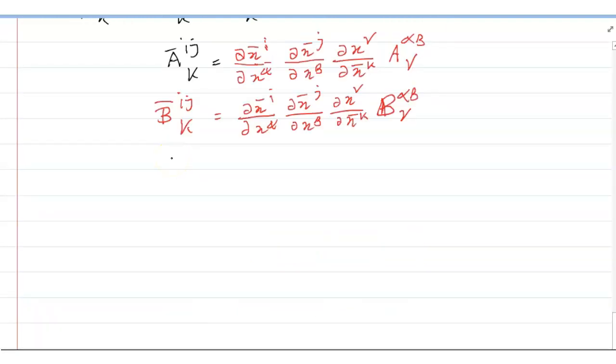Here you can see the dummy indices are alpha, beta and gamma, both repeated twice. So friends, these are dummy indices and the free indices are i, j and k.